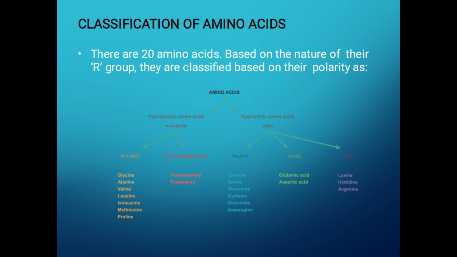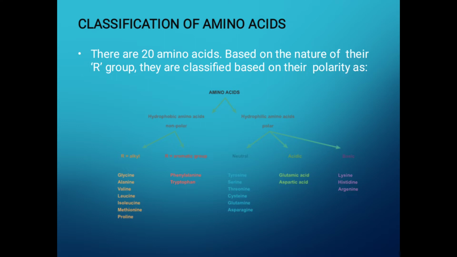First, non-polar: here R is indicated by an alkyl group or aromatic group. Examples of amino acids with an alkyl group are glycine, alanine, valine, leucine, isoleucine, methionine, proline. Examples with aromatic R groups are phenylalanine, tryptophan.